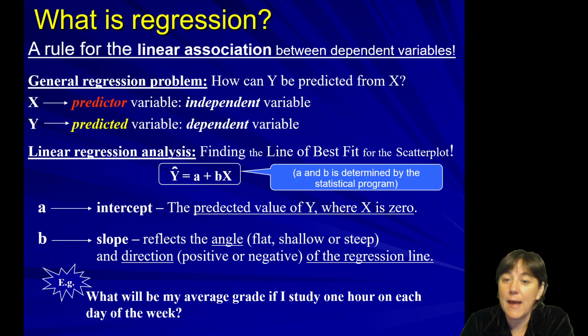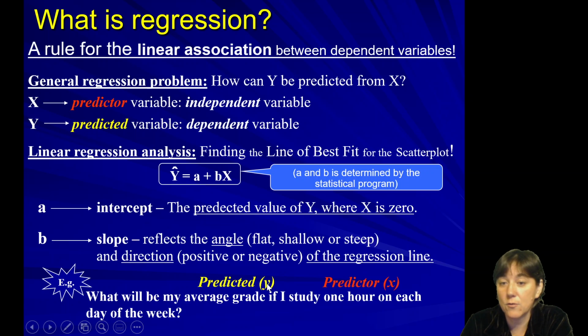What will be my average grade if I study 1 hour in each day of the week, thus 7 hours a week? So now my predictor variable is the 1 hour or the 7 hours per week, that's the x, and I want to know the grade. I don't know the grade.